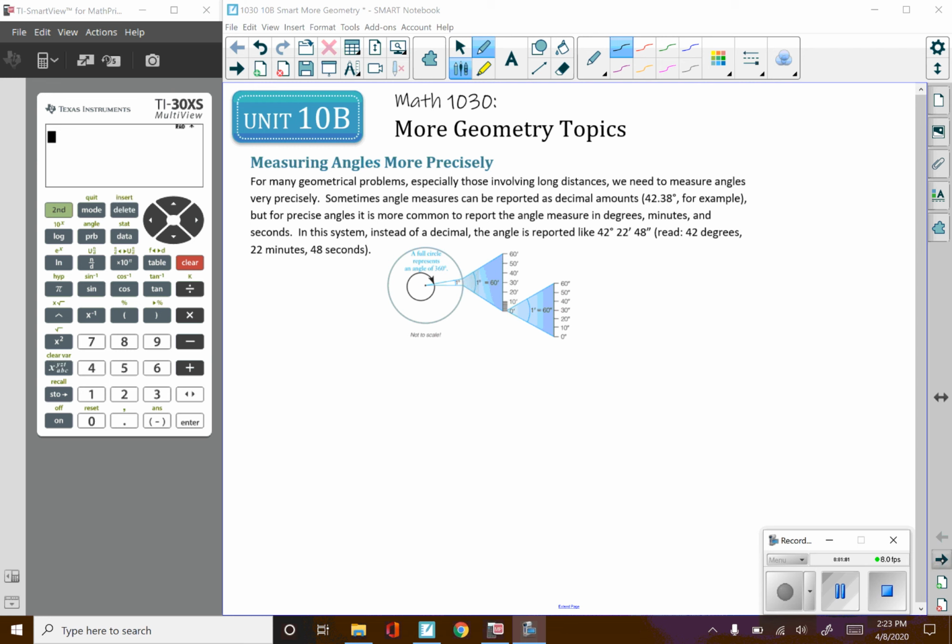So in this system, you'll see something like 42 degrees, 22 minutes, and 48 seconds.